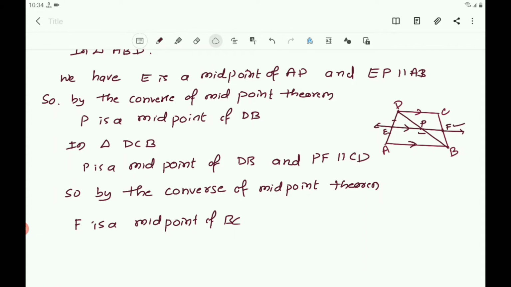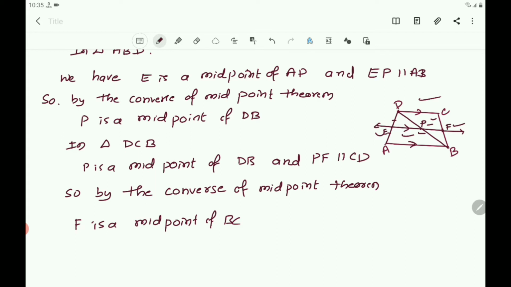Here it is given that EF is parallel to AB and also EF is parallel to CD. In triangle ABD, EF is parallel to AB and E is a midpoint of AD, so by the converse of the midpoint theorem, P is a midpoint of DB. By considering the triangle DCB, as P is a midpoint of DB and PF is parallel to CD, again by the converse of the midpoint theorem, F is the midpoint of BC.